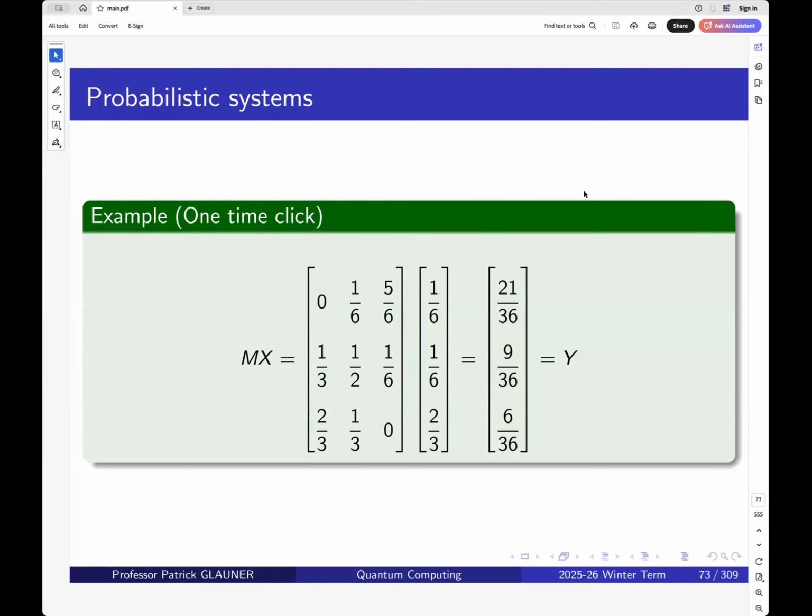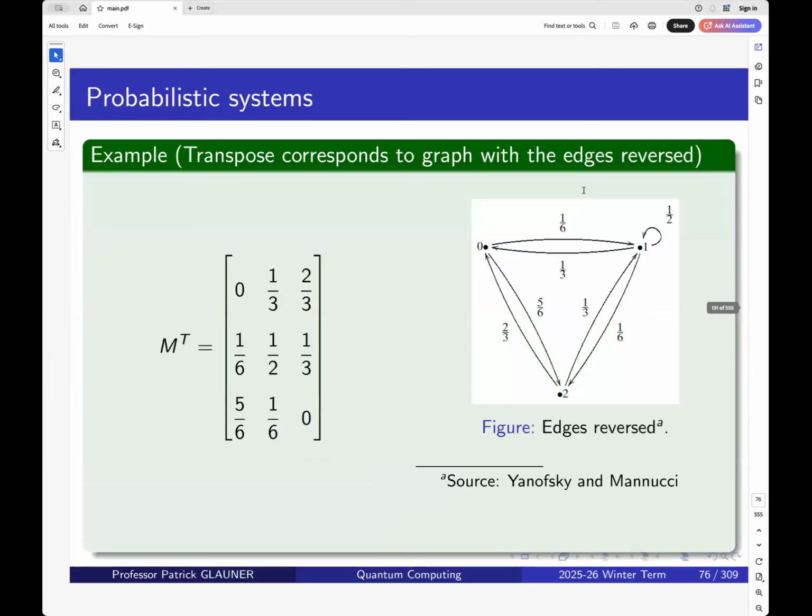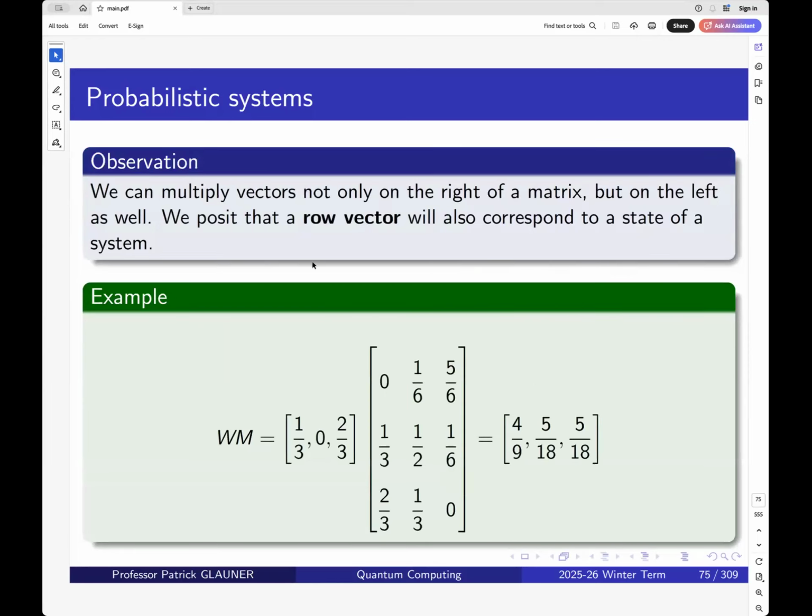But it turns out we can do something with x. So far we've always worked with column vectors. Now let's say we have a new state w, and that's a row vector. So we don't work with a column vector, but now with a row vector.